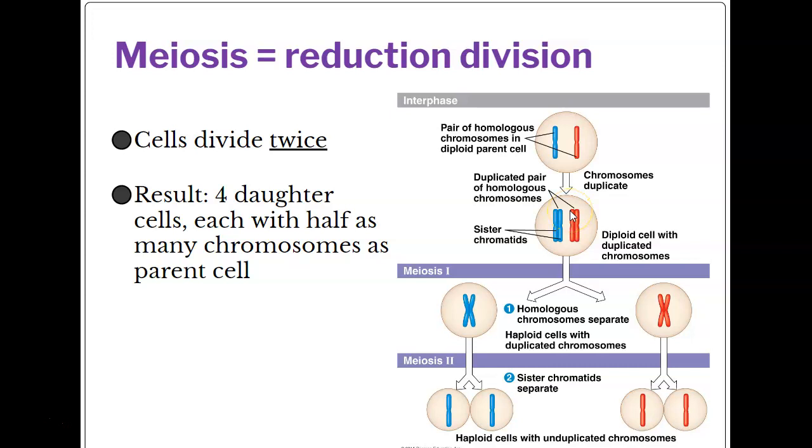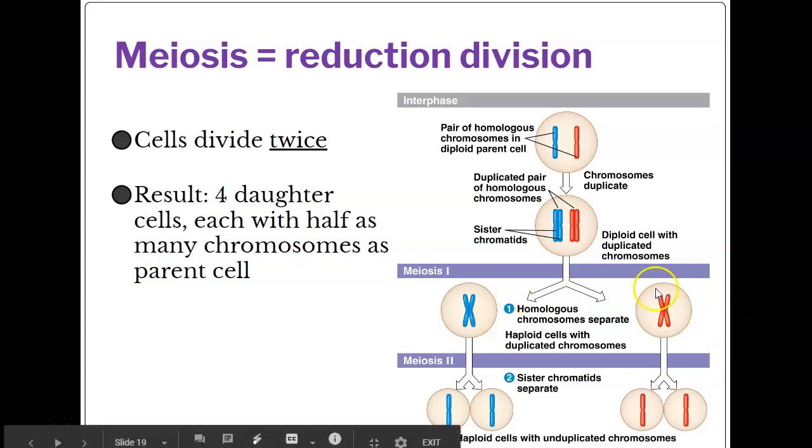In meiosis, what happens initially is that the sister chromatids actually stay together, and instead of all lining up vertically down the middle, the homologous pairs line up and then they separate. So you can get kind of a random combination. And then that's called meiosis 1.